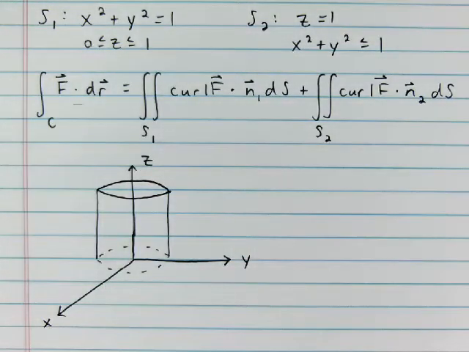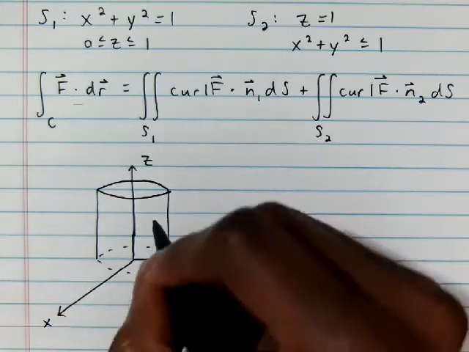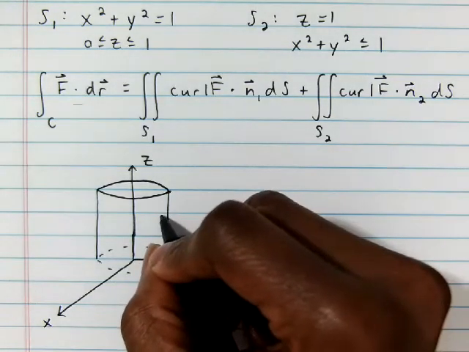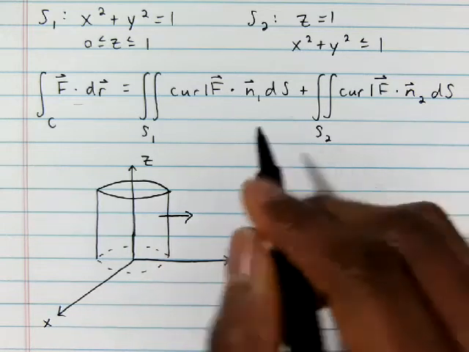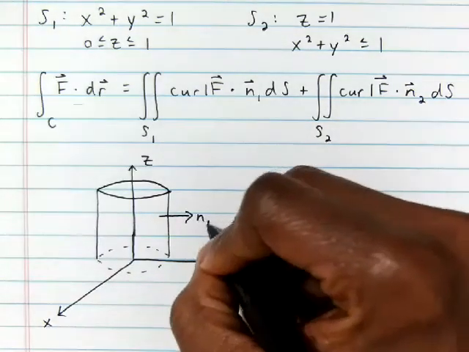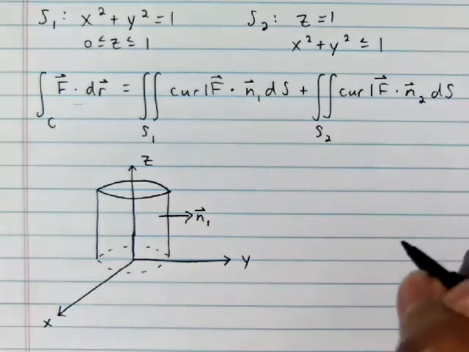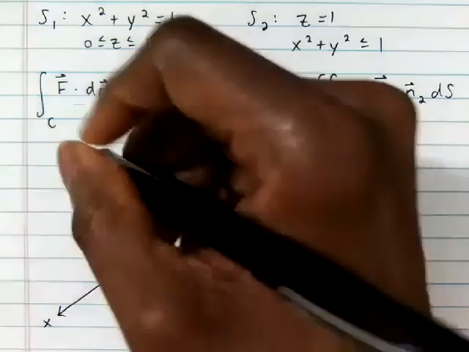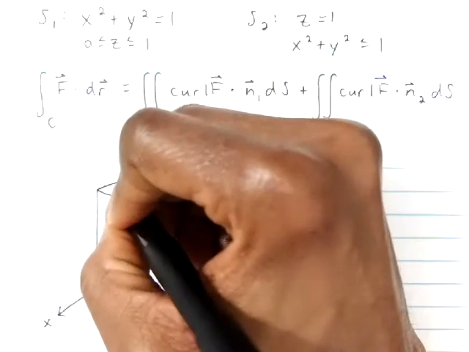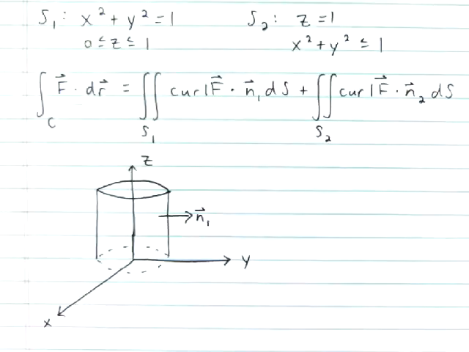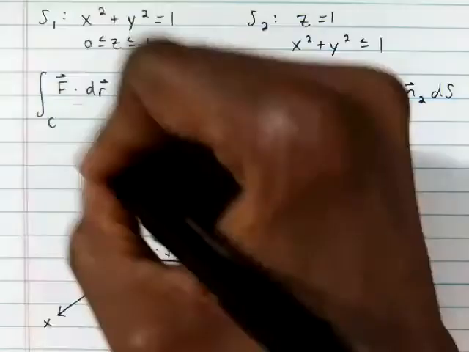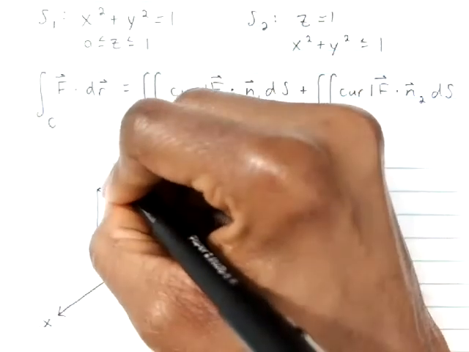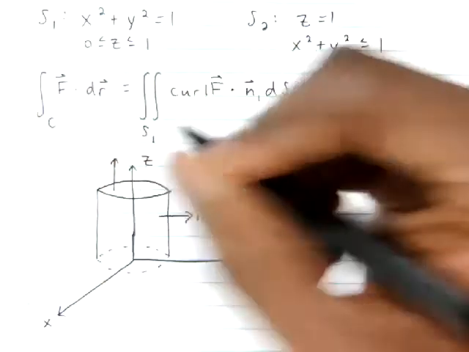Now, what we were told is that the normal vector is directed outward on the cylinder, and that was S1, so this is N1, and directed upward on the plane, so on the plane, this was N2.